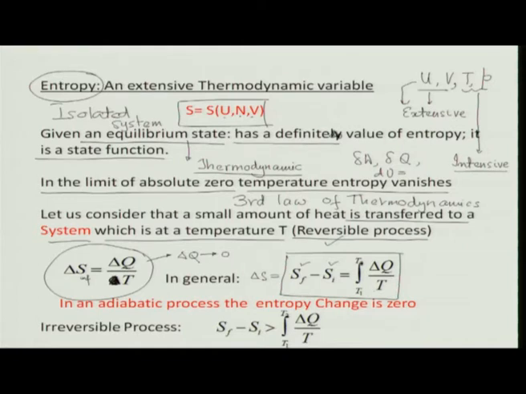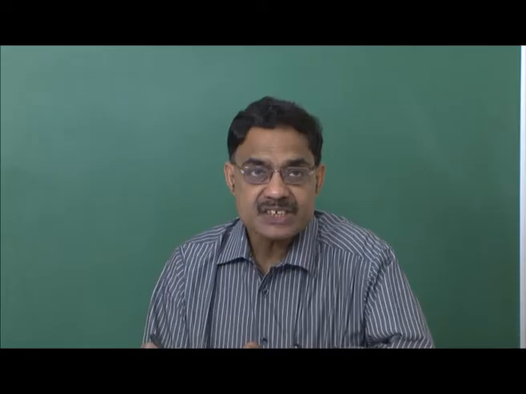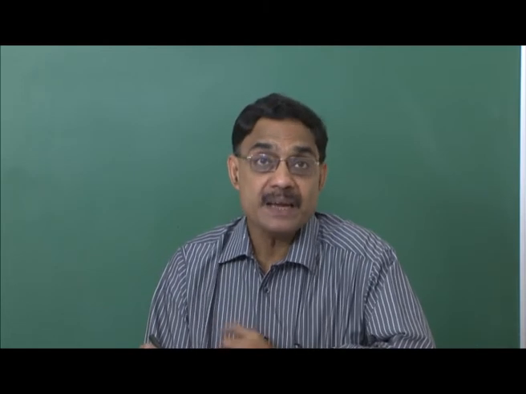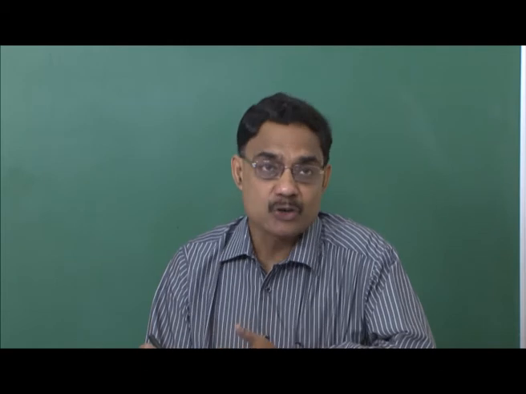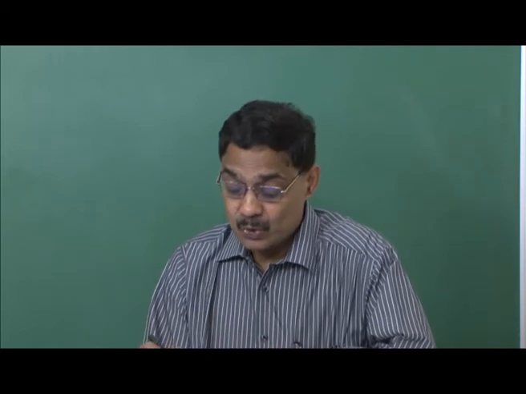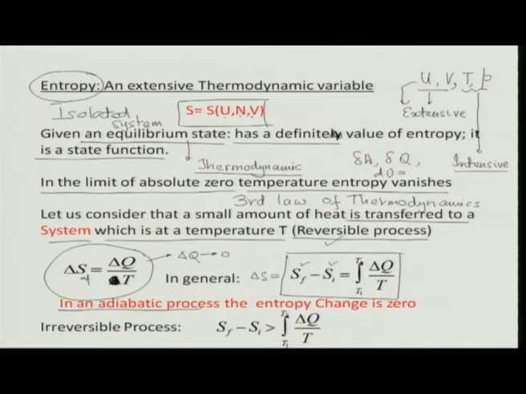It is important that the system absorbs heat or releases heat, so that its entropy changes. So, in an adiabatic process, we know delta Q is equal to 0, hence entropy change is 0. Okay?